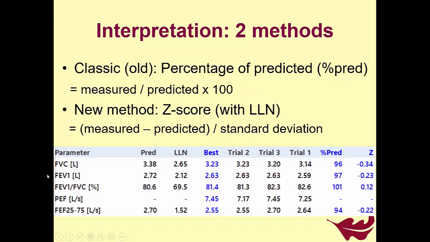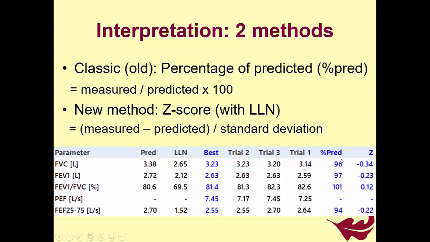This is what you will see in the latest documents and publications, the output from the spirometers. As you can see, for the FVC and FEV1, it gives you the predicted value, which is the average, but then it also gives you the lower limit of normal, and a Z-score in the end, as well as this percentage of predicted values.